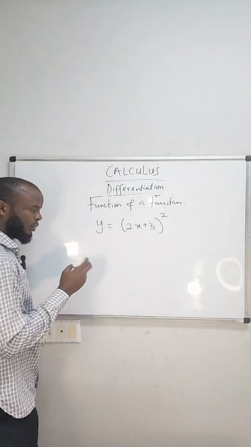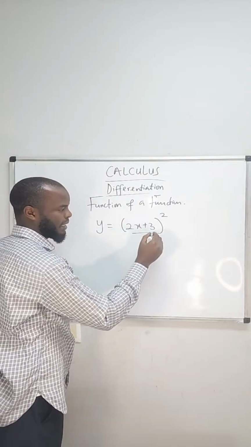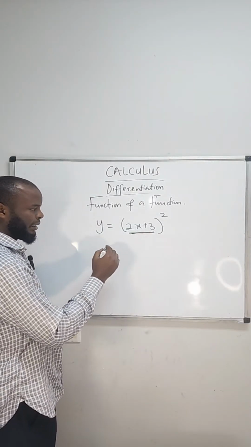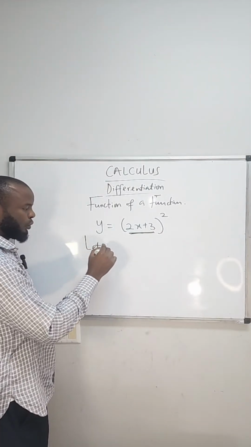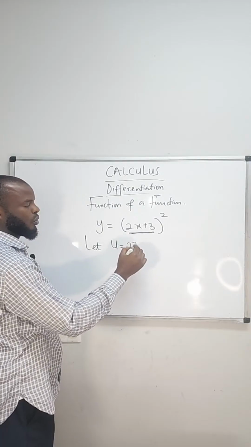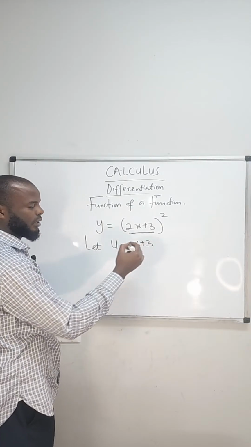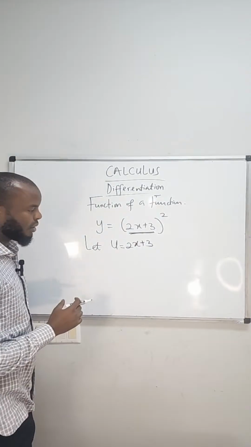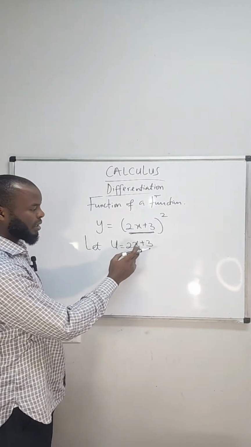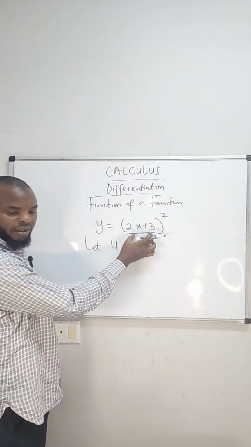For you to do this, the first thing you do is deal with what we have in the brackets. So you can say let u be equal to 2x plus 3. This is what you have in the parentheses.